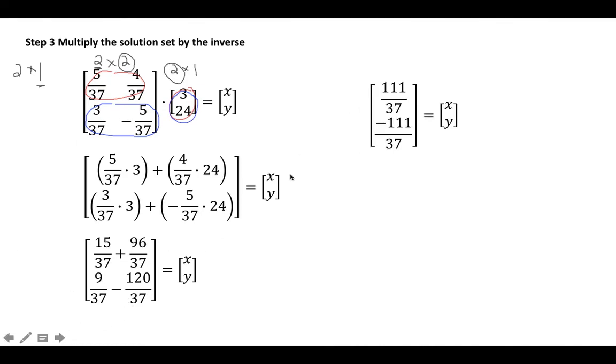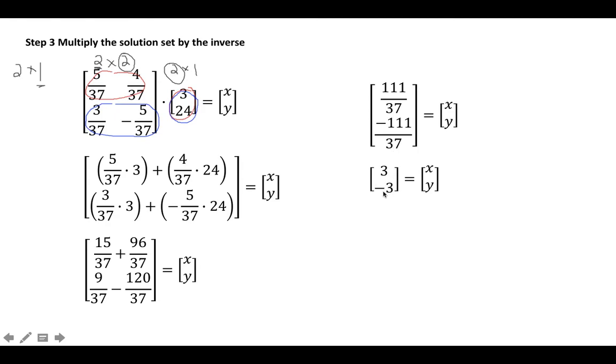So 15 plus 96 gives me 111. Remember, when we add fractions, the denominator stays the same, so 37 does not change. And then I have 9 minus 120, which is negative 111. Again, the denominator stays the same. The only thing I have to do now is divide. So I have 111 divided by 37, which is 3. And then negative 111 divided by 37, which is negative 3.